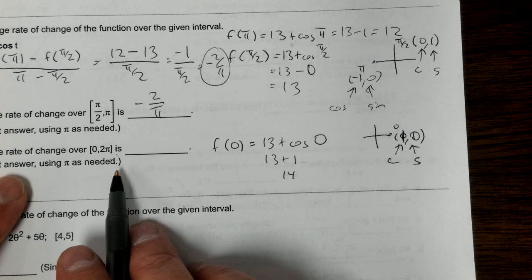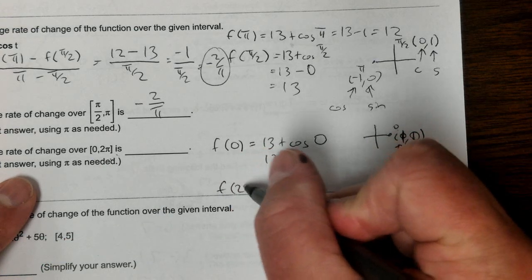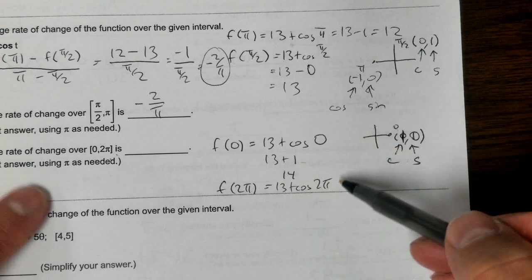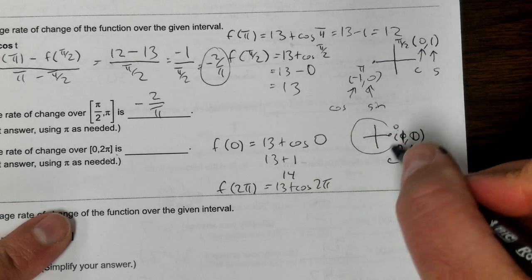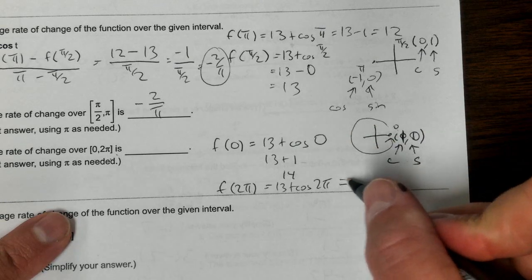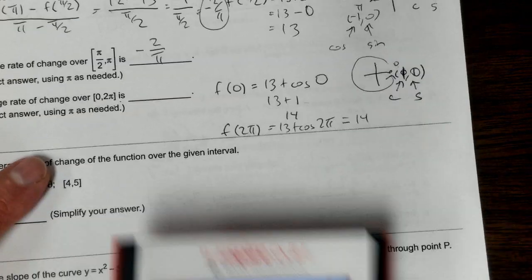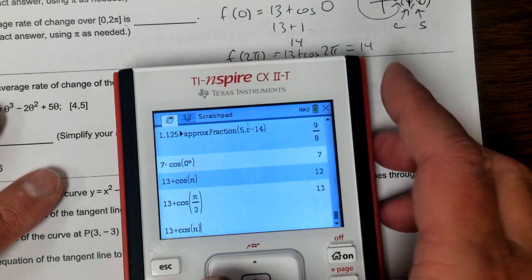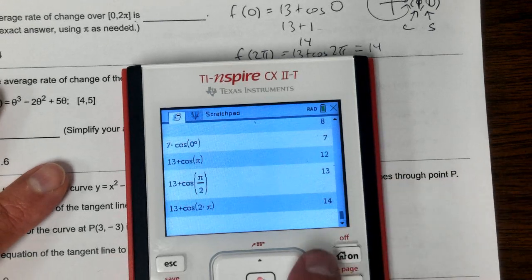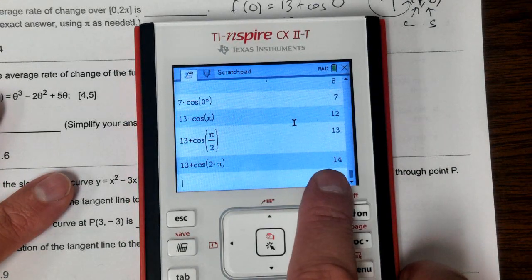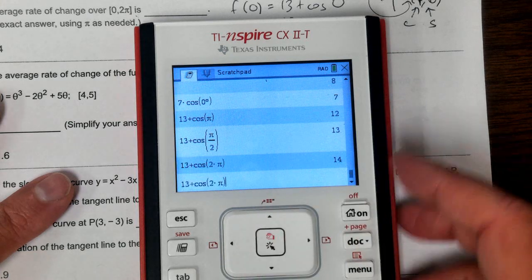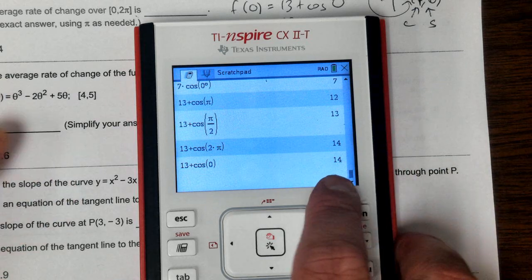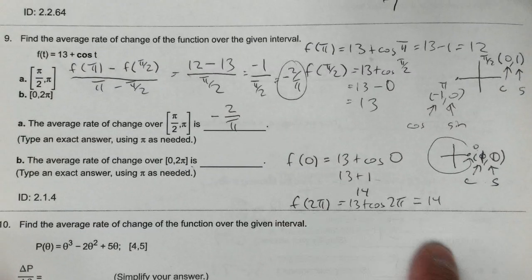And then when you do for 2 pi, f of 2 pi would be 13 plus cosine 2 pi. Since 2 pi is coterminal with 0, it's going to be the same thing. Again, if you want to check it on the calculator, you can. Going to highlight it and make it 2 pi, and then you get 14. Just like if I highlighted it and made it 0, then it'd be 14. So both of these are 14.